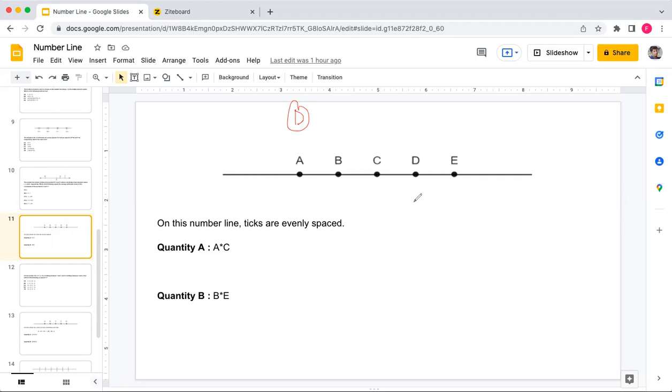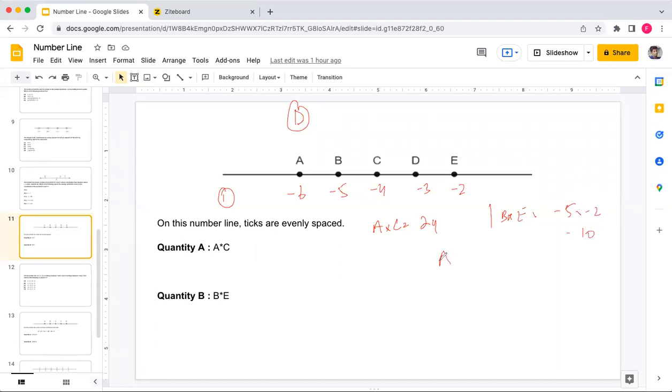What are the two cases? For example, this is -2, this is -3, this is -4, this is -5 and -6, first scenario. In this, A into C is equal to 24, and B into E is equal to minus 5 into minus 2, that is 10.